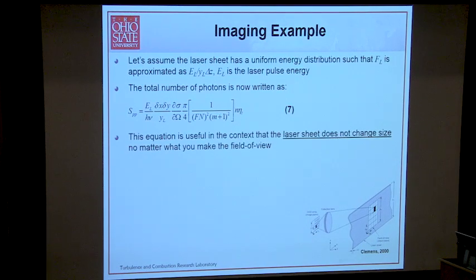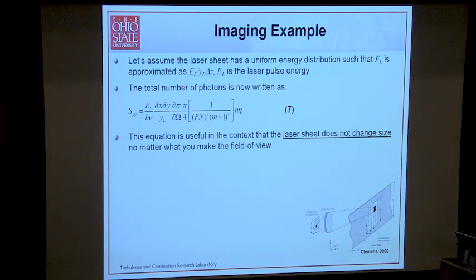So this equation right here can tell you how many photons per pixel you can collect, in the context that no matter what you do with your laser, your optics, your movement, the laser sheet does not change size. So for one magnification, it's covering the entire sensor.